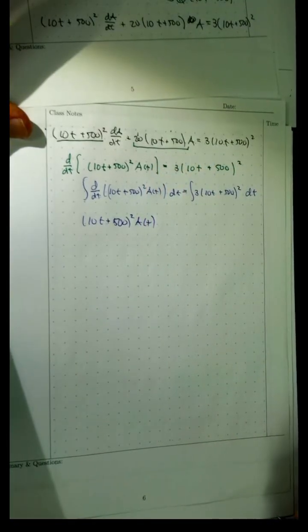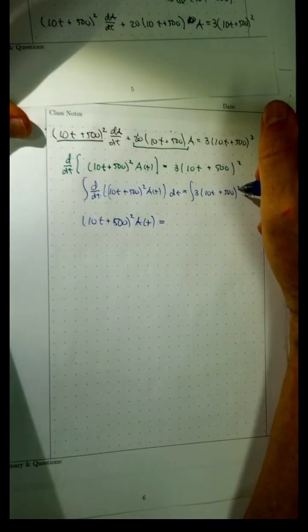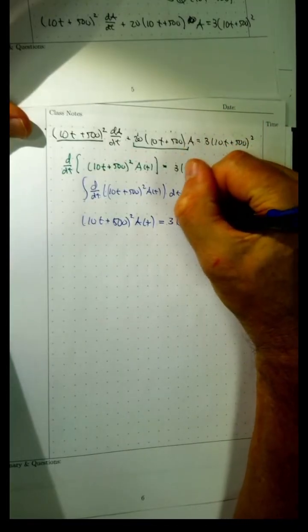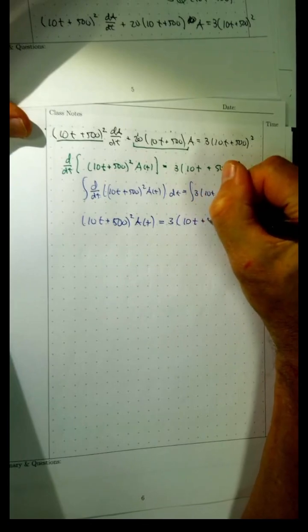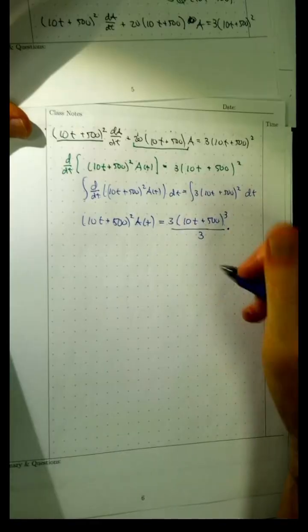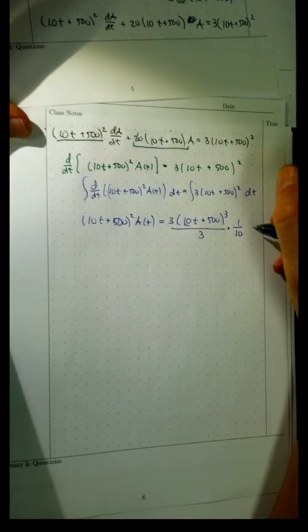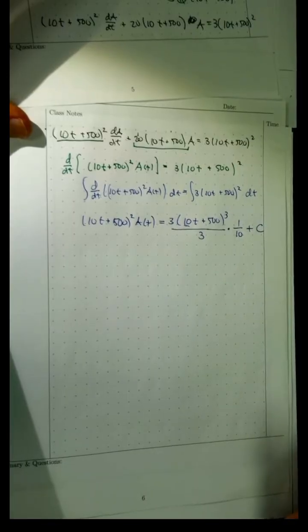So that's the (10t + 500)² times A(t). The antiderivative of this is going to be what? 3. So I'm going to have (10t + 500)³ over 3, but then I've got to deal with that 10. That's going to be a 1/10, plus C.